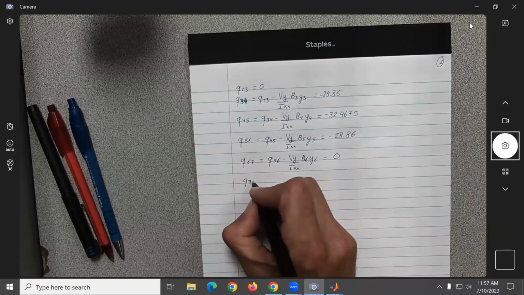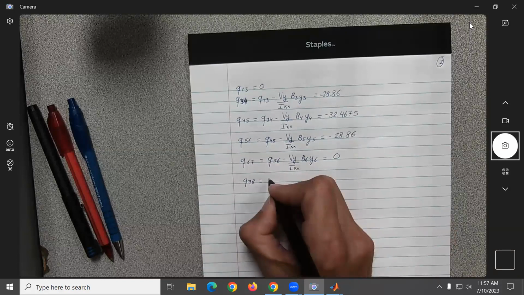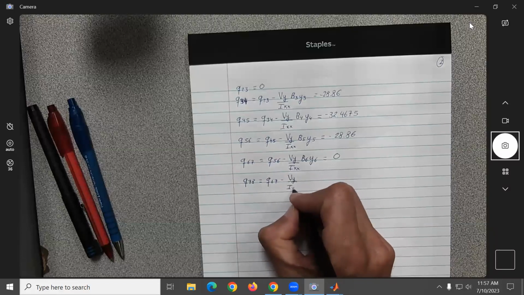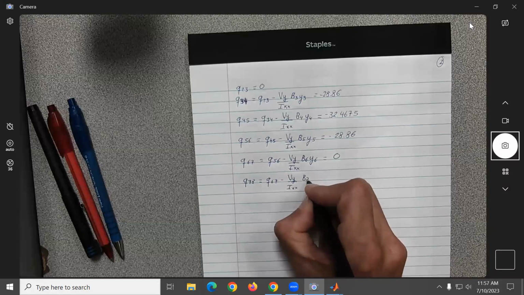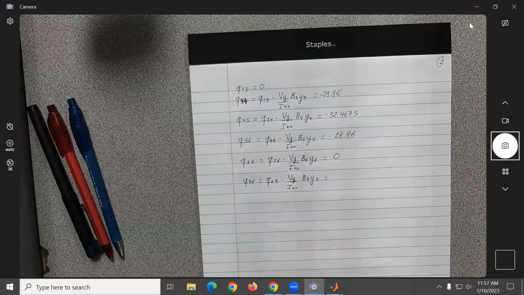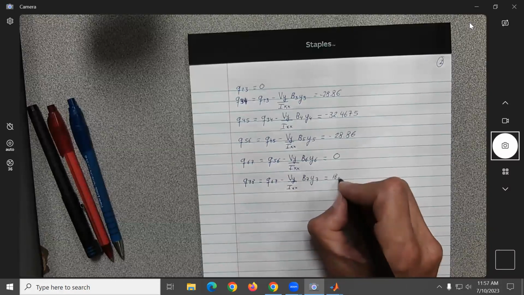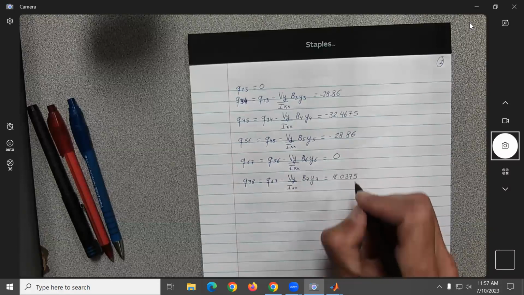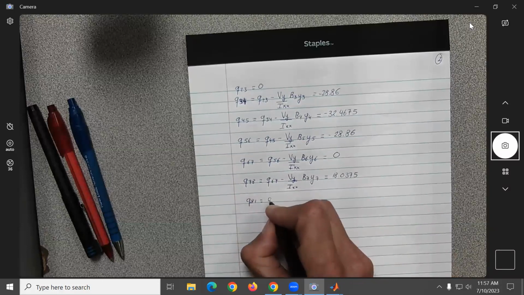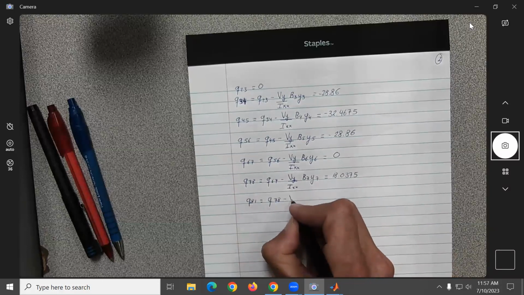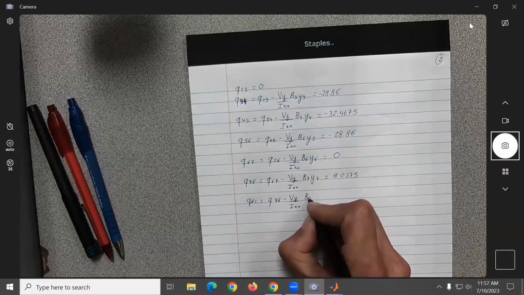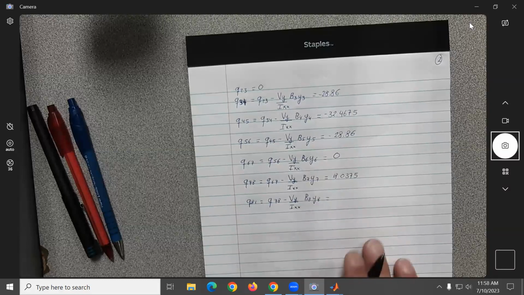Then Q78 should be Q67 minus Vy over Ixx B7 Y7. That will be equal to 18.0375. Q81 will be equal to Q78 minus Vy over Ixx B8 Y8.